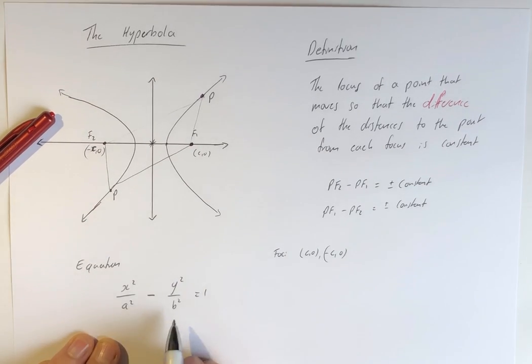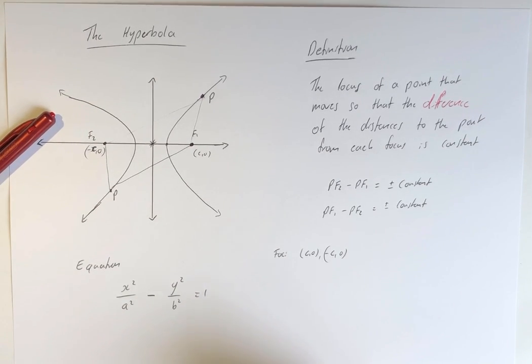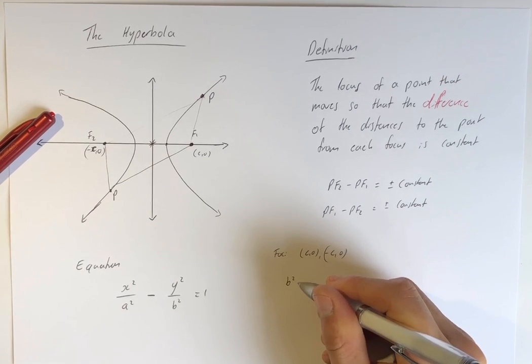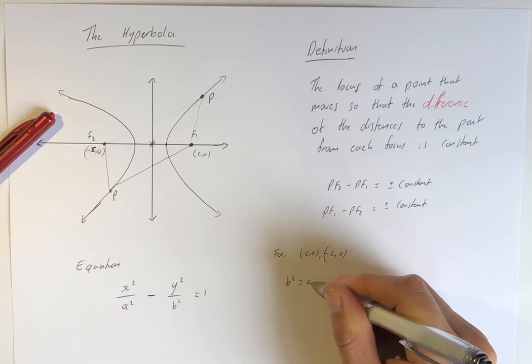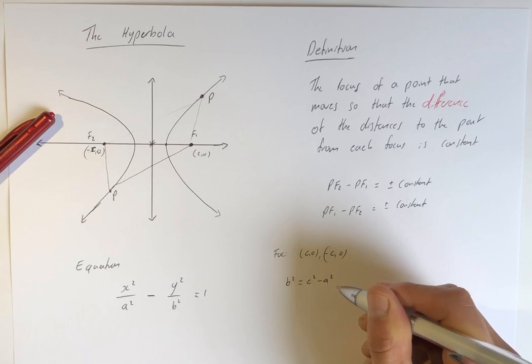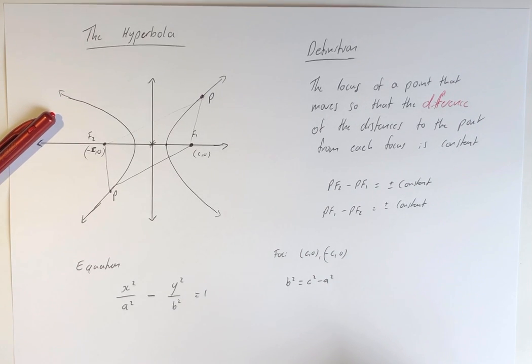And there's an a, b, c relationship again, and that is b squared is equal to c squared minus a squared. I'm going to give you the relationship of a and b in a second.